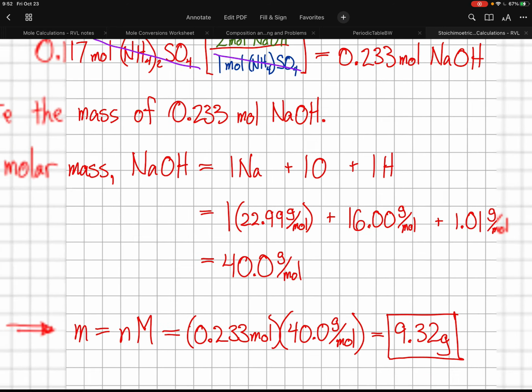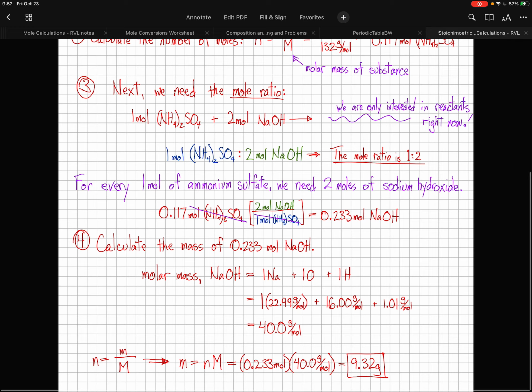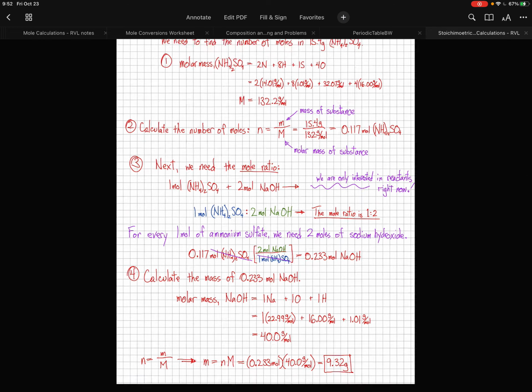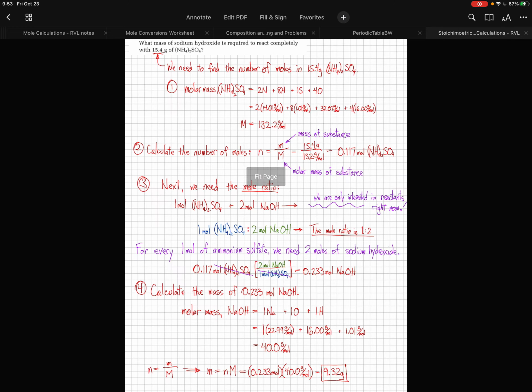And we will get 9.32 grams of our reactant, which is, in this case, sodium hydroxide. Okay, so perhaps I should be slightly more explicit about that here.